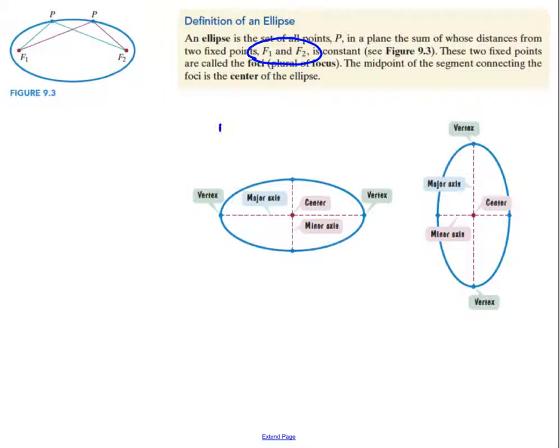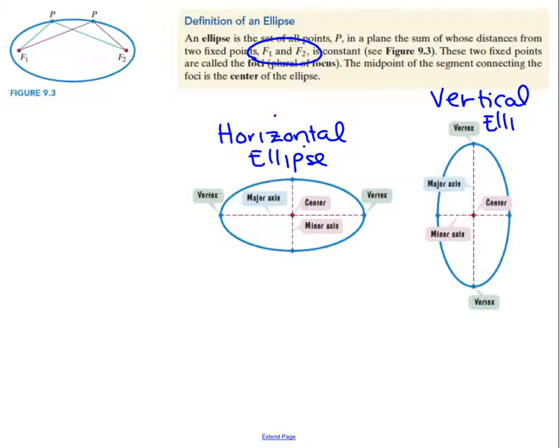So this first picture is a horizontal ellipse. The major axis is horizontal. The second picture is a vertical ellipse. Major axis goes vertical.